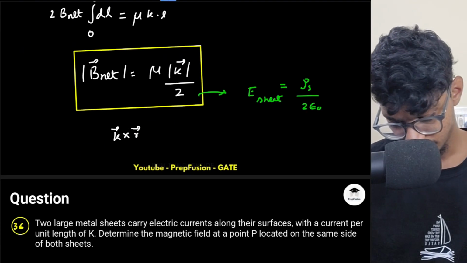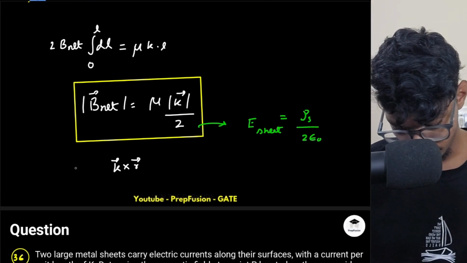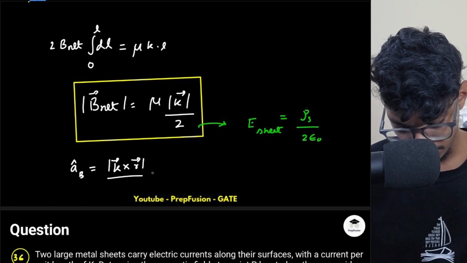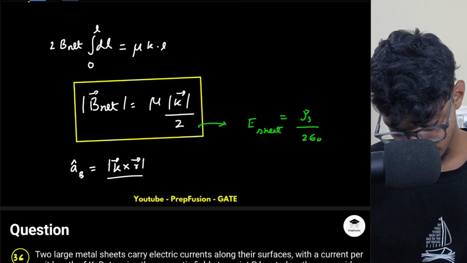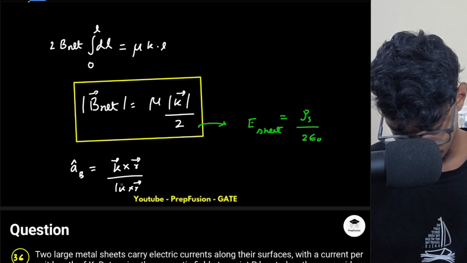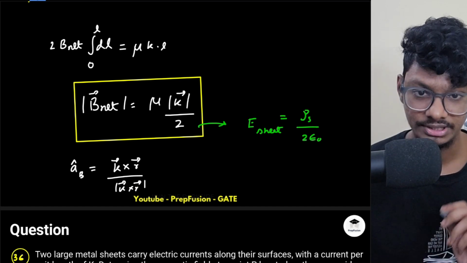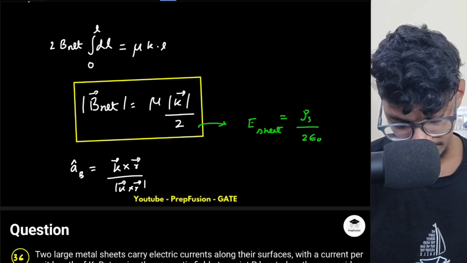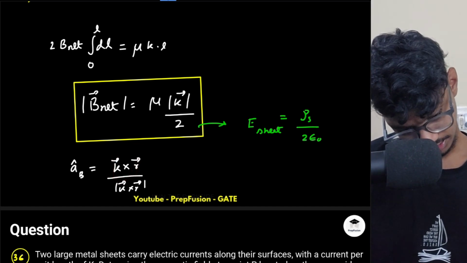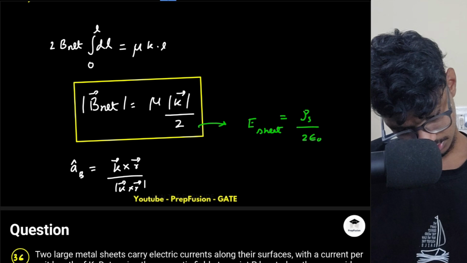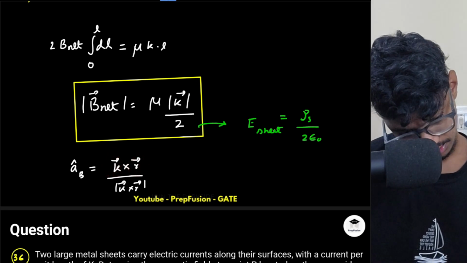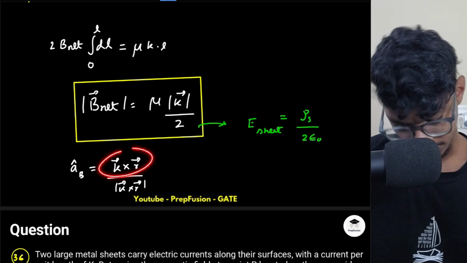So this AB cap will give you the direction, K cross R vector divided by magnitude of K cross R. That will simply give you the direction that is perpendicular to both of these, right? And it will be I dl cross R, which is K cross R only.